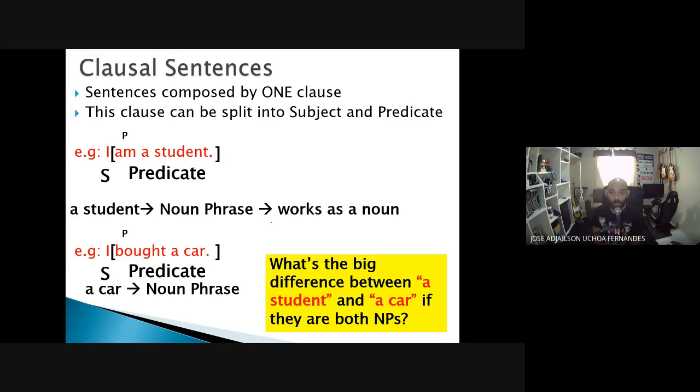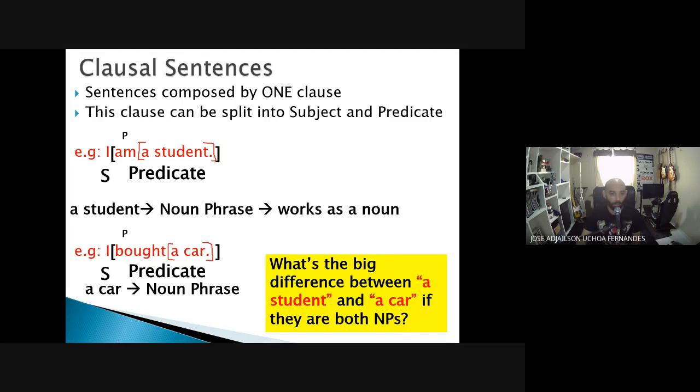Now, what's the big difference between a student and a car if they are both noun phrases? What is the difference you can tell between a student and a car? We have two noun phrases here. You have a noun phrase over here, and you have a noun phrase over here.